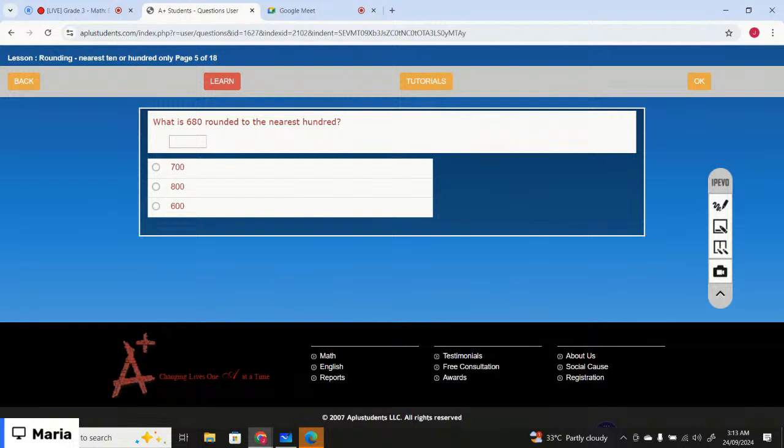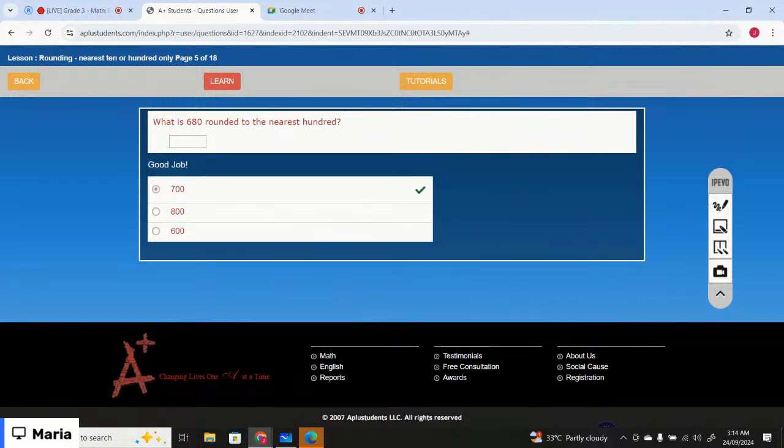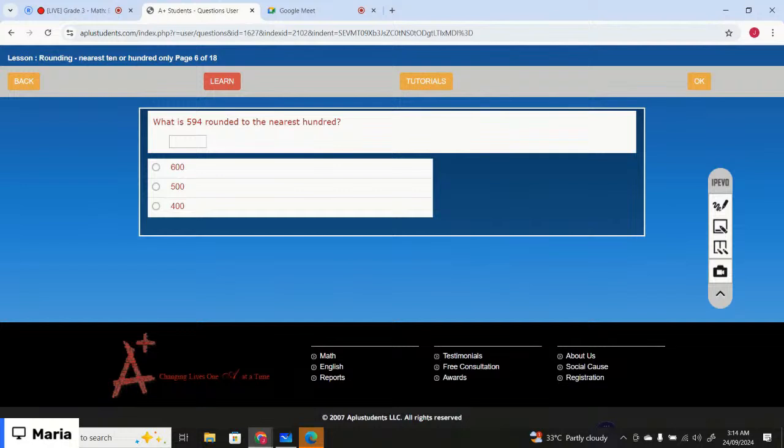So which is the correct option? 680 is rounded off to 700. The correct option is 700. Option number 1 is the correct option. What is 594 rounded to the nearest 100?